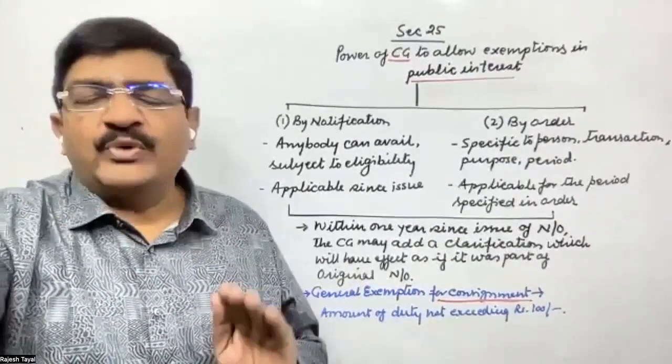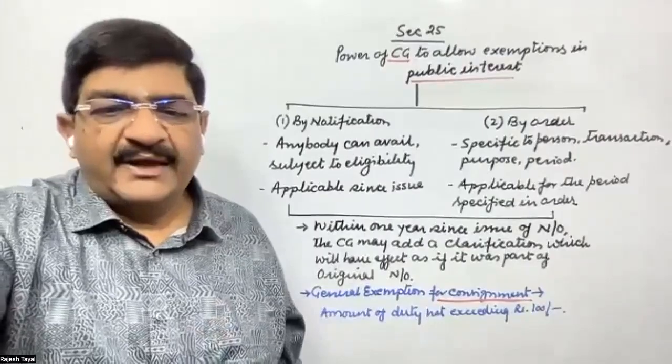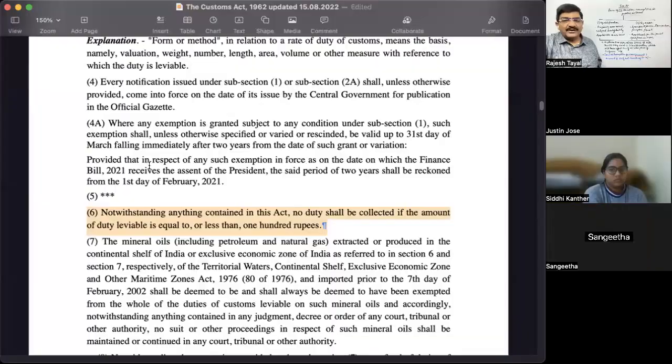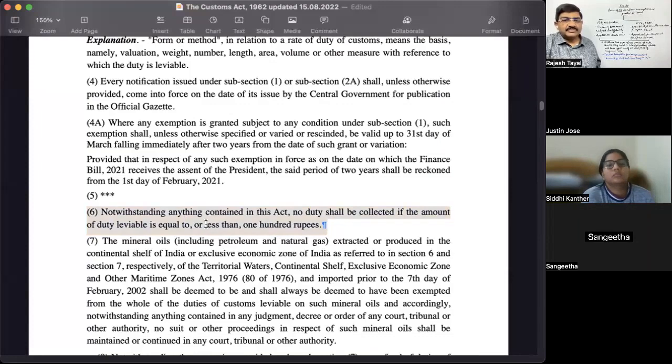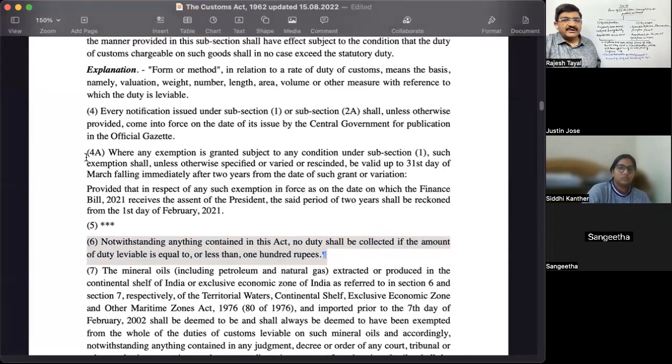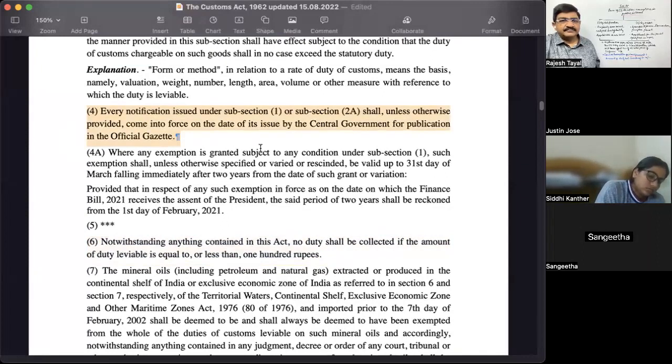Okay. So section 25 is something common, and we have discussed that earlier as well. This is the general exemption that we have already spoken about. When the notification comes into force on the date of issue by the central government, publication in the official gazette will always come later.